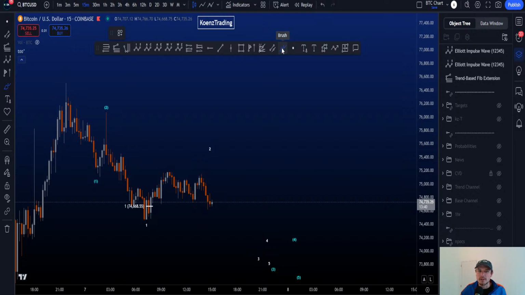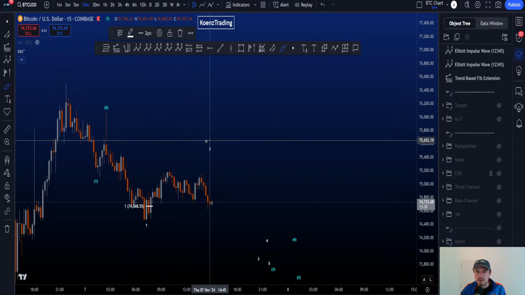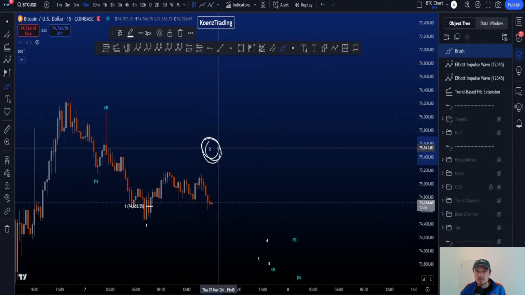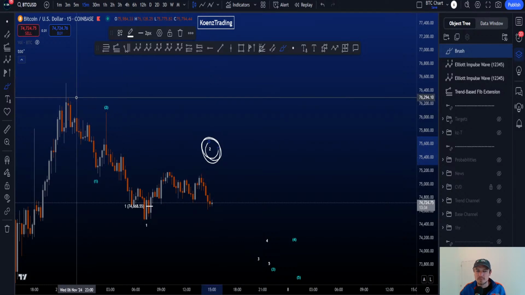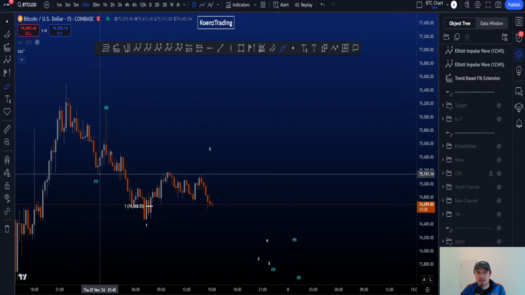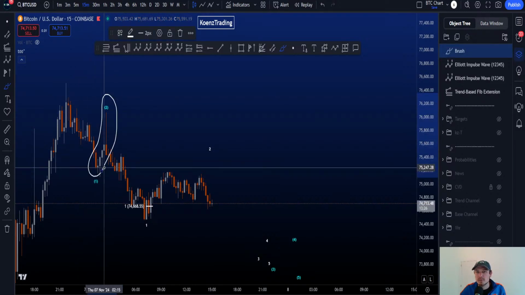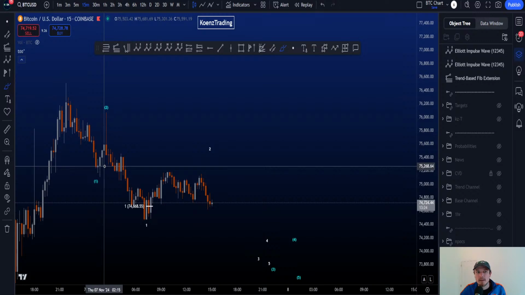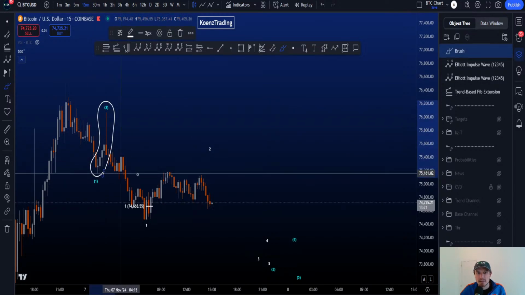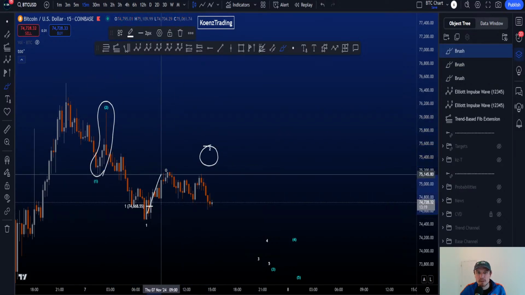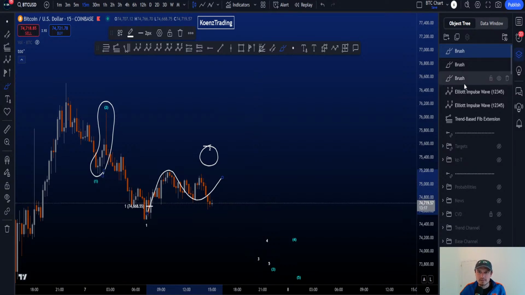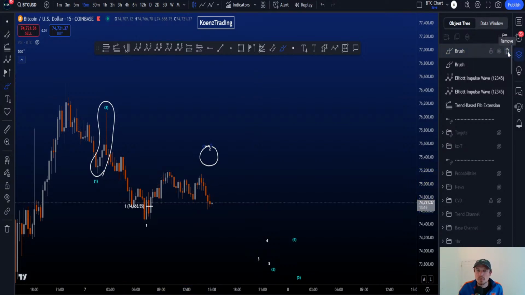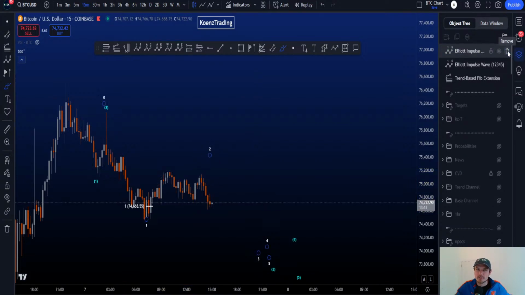But preferably your lower degree 1, 2, which is the white one, the second 1, 2, is a bit shorter in time and price. Again, it's not a requirement, but it's nice to see because of course your blue wave 2, that's a higher degree wave 2. If this one is a zigzag and your second wave 2 becomes a WXY, well, a WXY tends to be longer in time compared to a zigzag, which tends to be short in time, right?